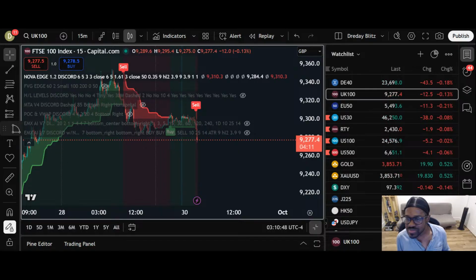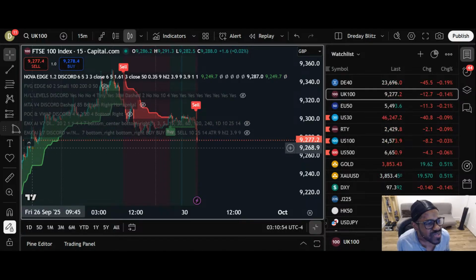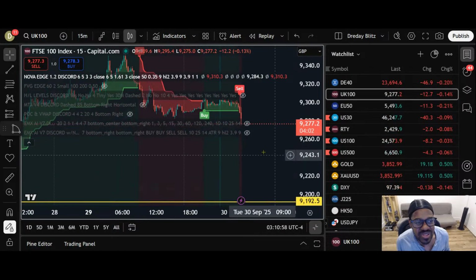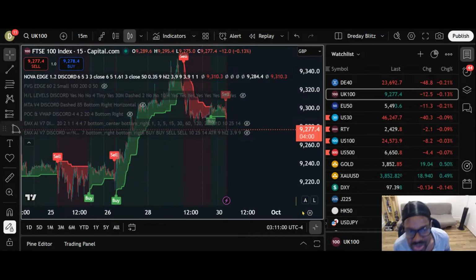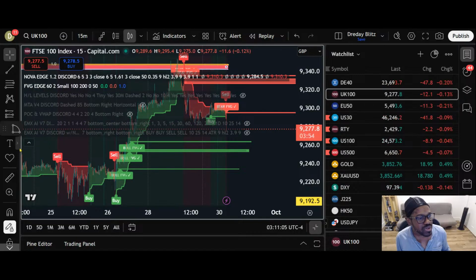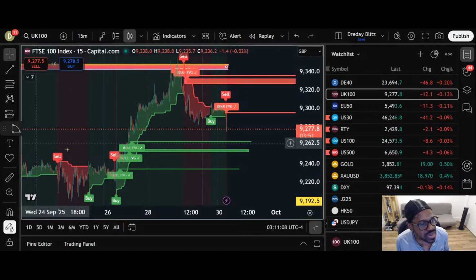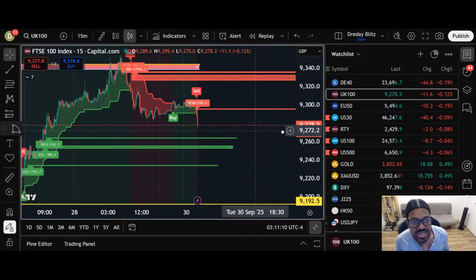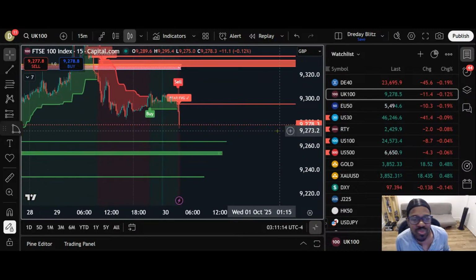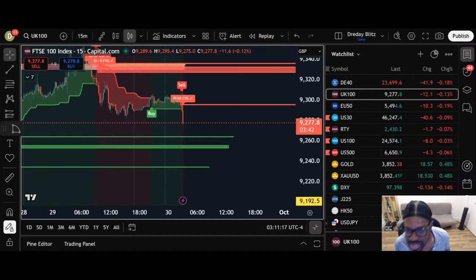So we have German 40 and UK 100 for a sell. So let's go back on trading. All right, so right now looking good here to go down here on UK 100. So we do have pretty much fair value gaps here at the bottom for bullish fair value gaps, and the price is starting to create the bearish fair value gaps here overall.